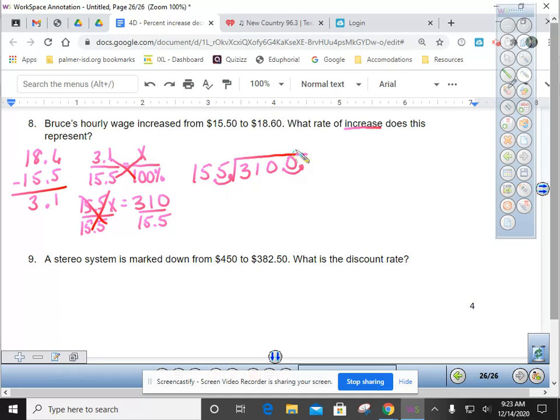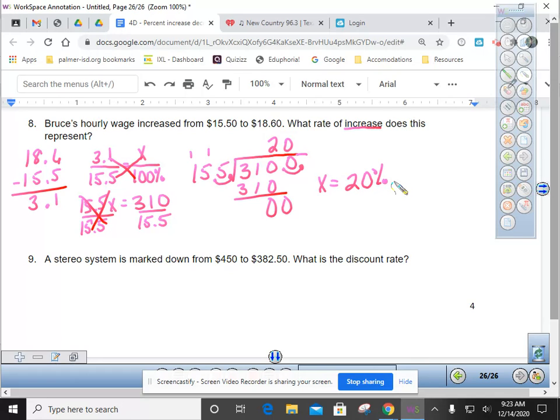And I think 155 goes into 310 2 times. Correct. Does anyone know what our answer is? X is going to equal 20%.